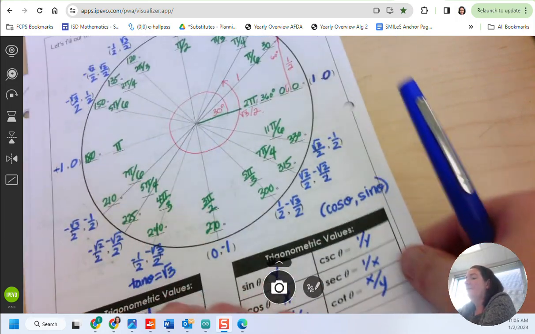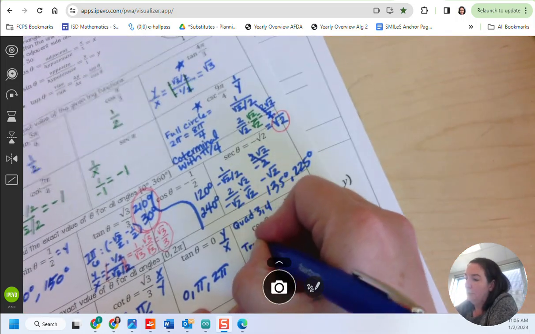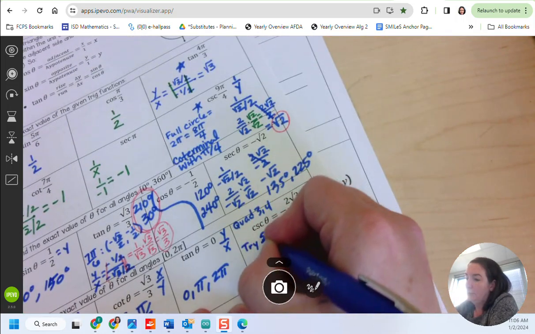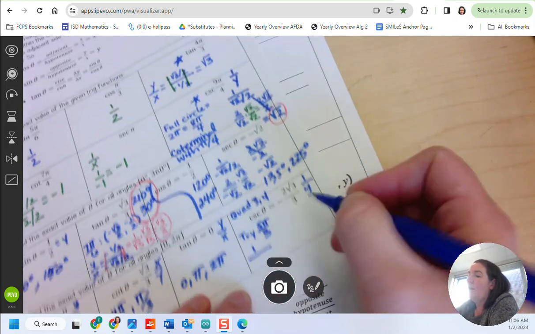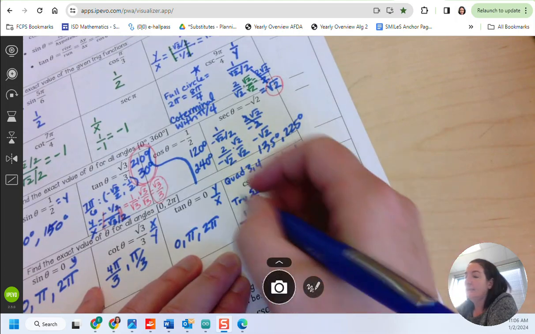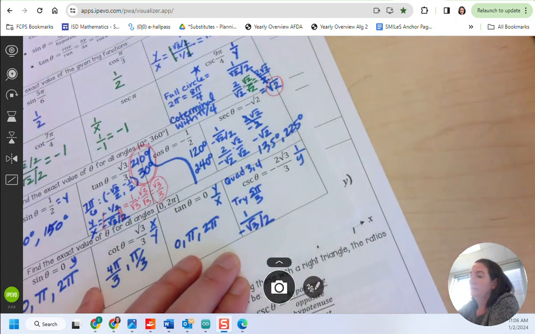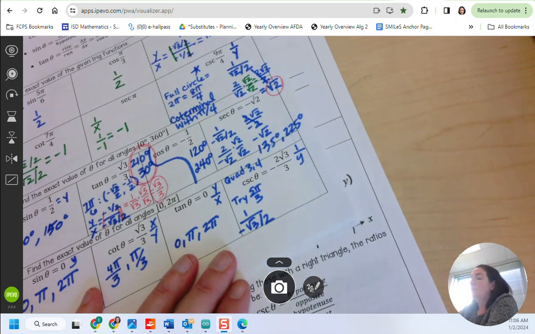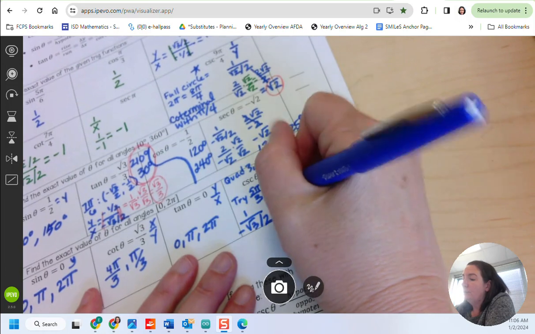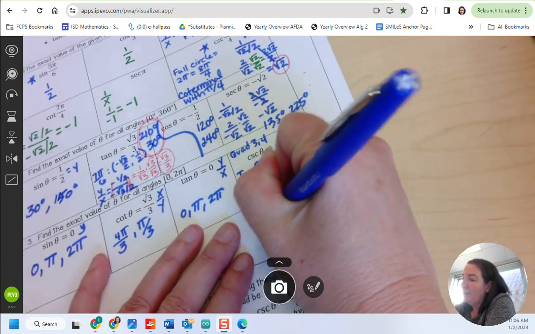So we're going to try 5 pi over 3. And it was going to be 1 over the y, and the y is negative root 3 over 2. So the reciprocal is going to give you negative 2 over root 3.